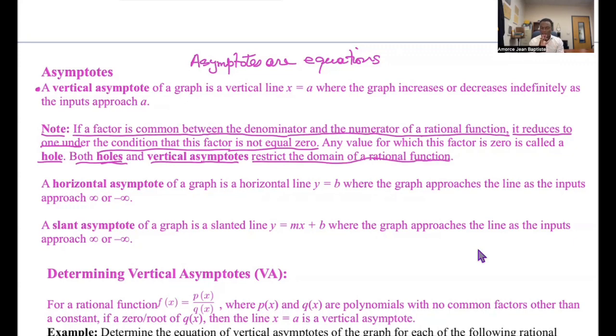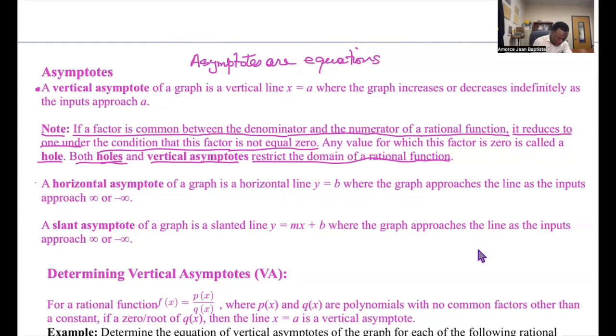This is a whole theory that we're talking about. We will do more examples for you to understand, but both the holes and the vertical asymptote are found when you find the values that are restricted from the domain.